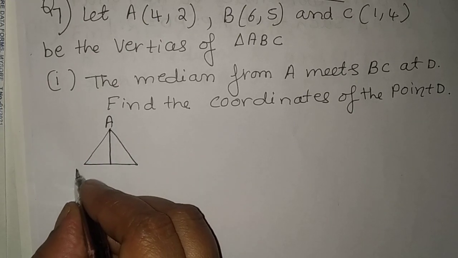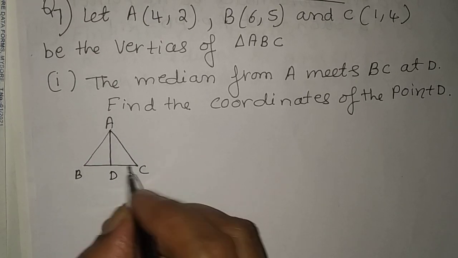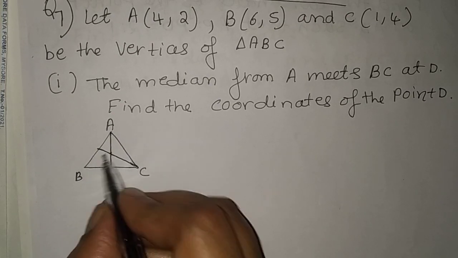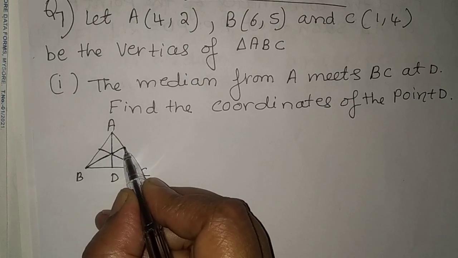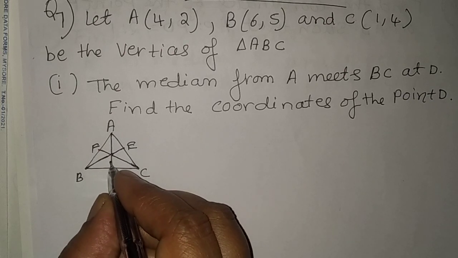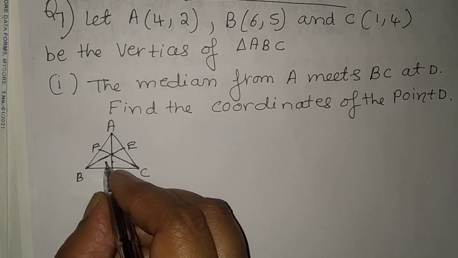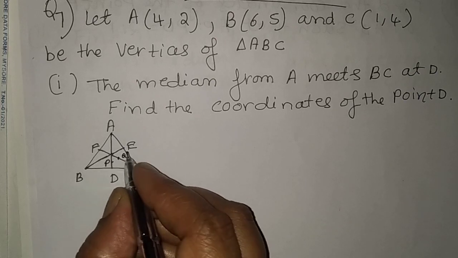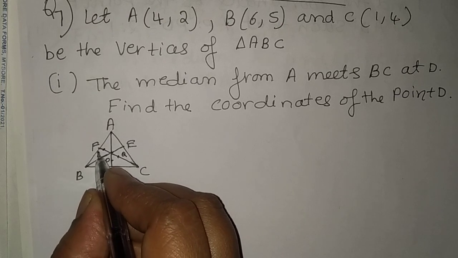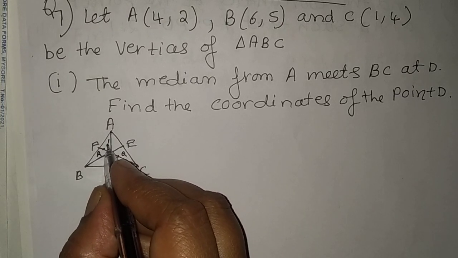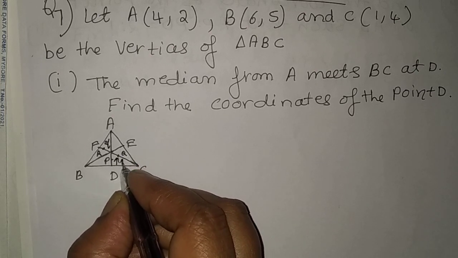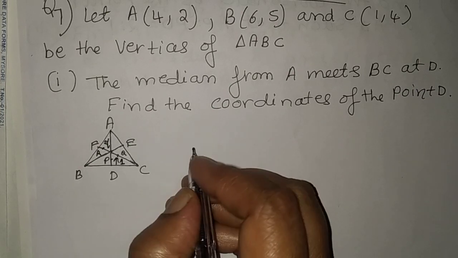So ABC is a triangle, AD is the median, and here just mark this as E, F, then here P, Q and R. So this is R and this is 2 and this is 1. So what are the given?